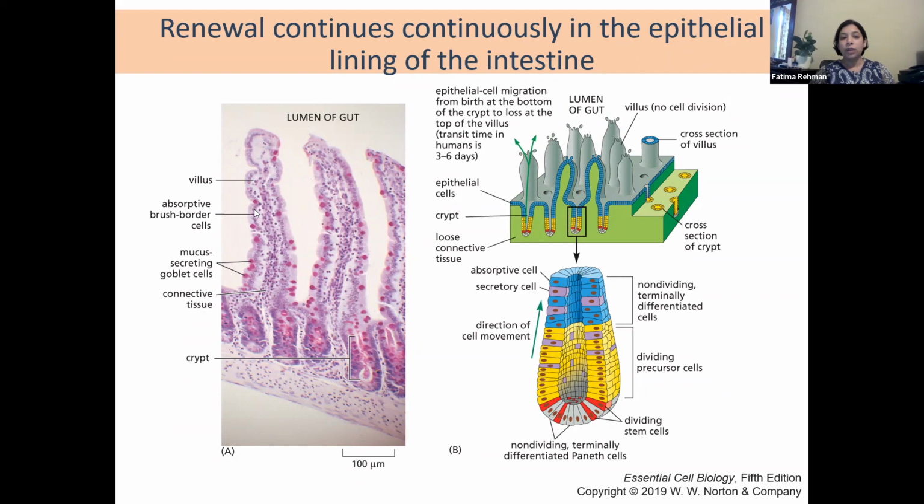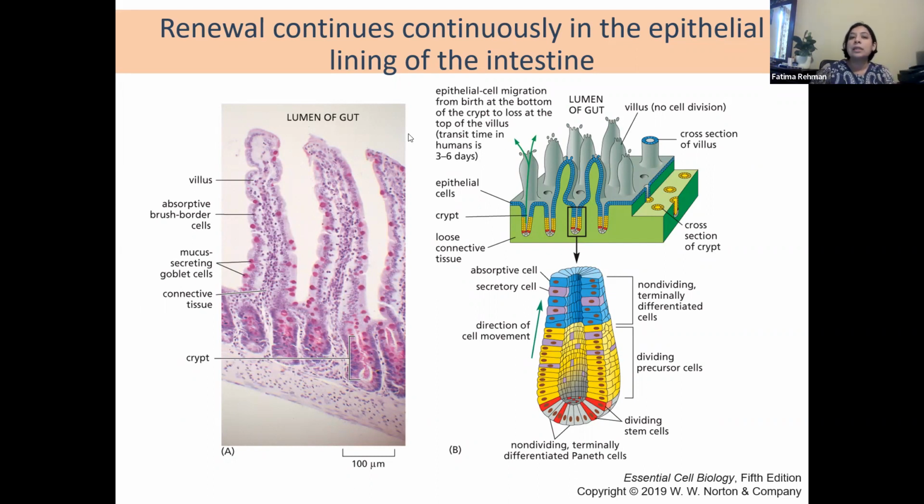And within that structure, there are different types of cells. You could have the mucus-secreting goblet cells. You can have the absorptive brush border cells. You can have the typical villi cells. So these are the various types of cells that are already differentiated. And down here in the crypt, next to that connective tissue, is where you have the dividing stem cells that are developing these cells.